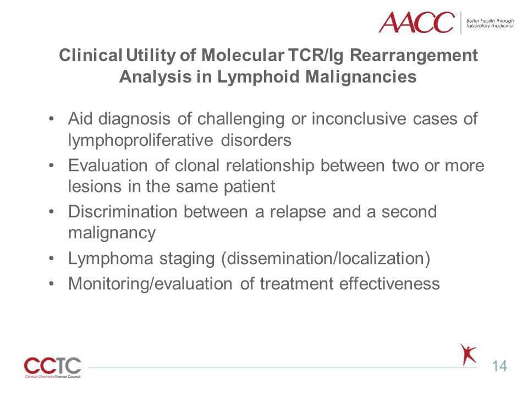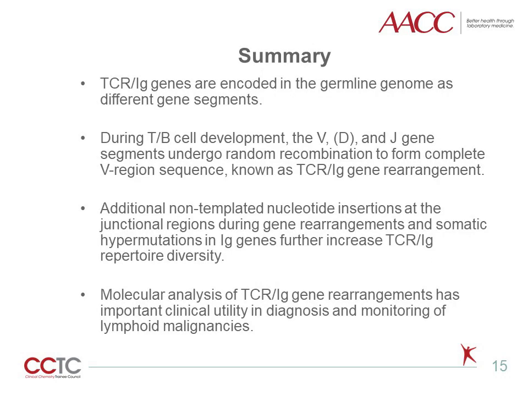To summarize the main points of this module, TCR IG genes are encoded in the germline genome as different gene segments. During T and B cell development, the V, D, and J gene segments undergo random recombination to form a complete sequence, known as TCR IG gene rearrangement.